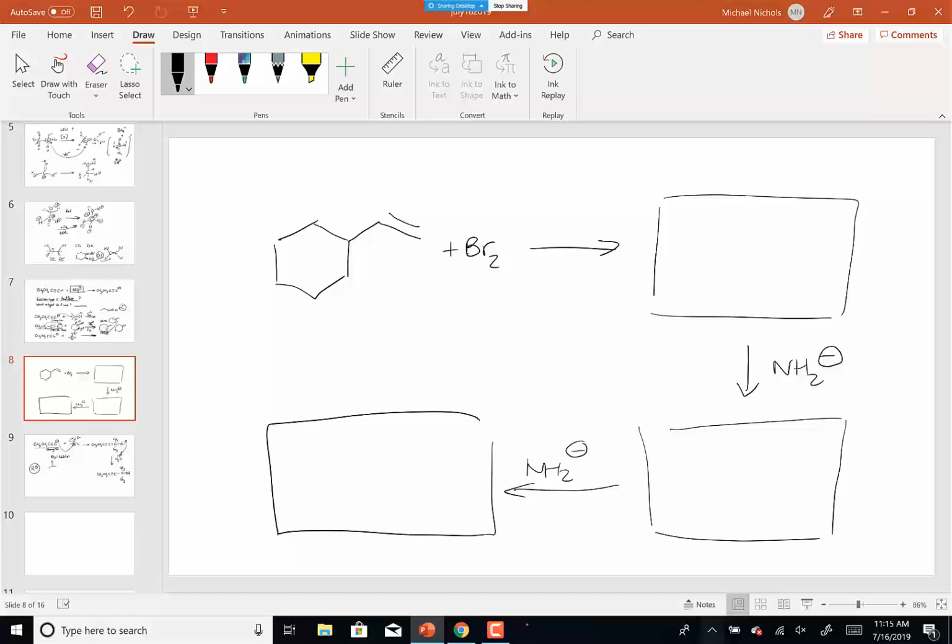So then tomorrow, you're reading or watching whatever assignment is in the sections for tomorrow that are in the reading list as well as online. So it deals with reactions of alkynes.